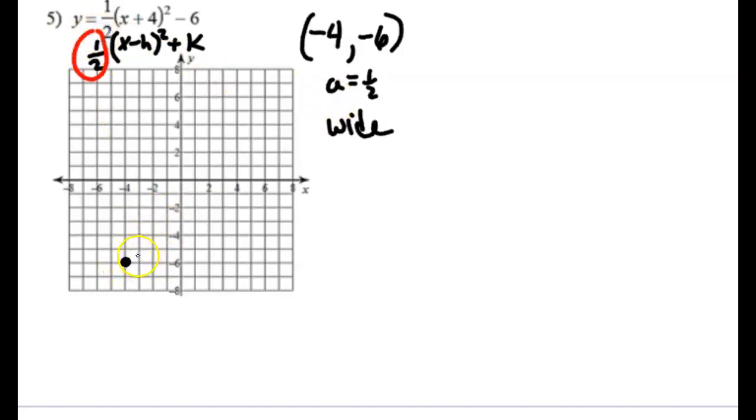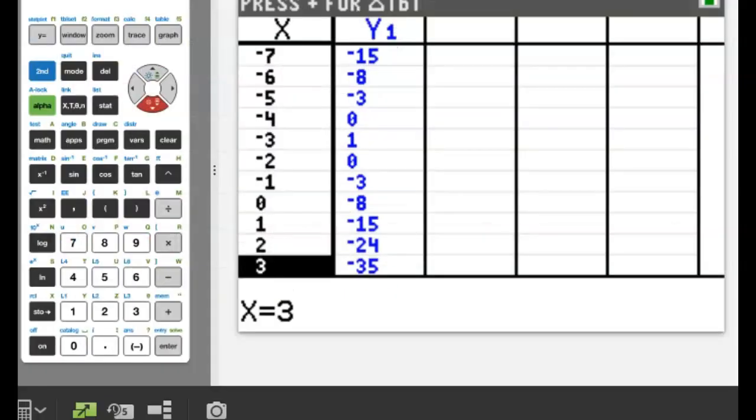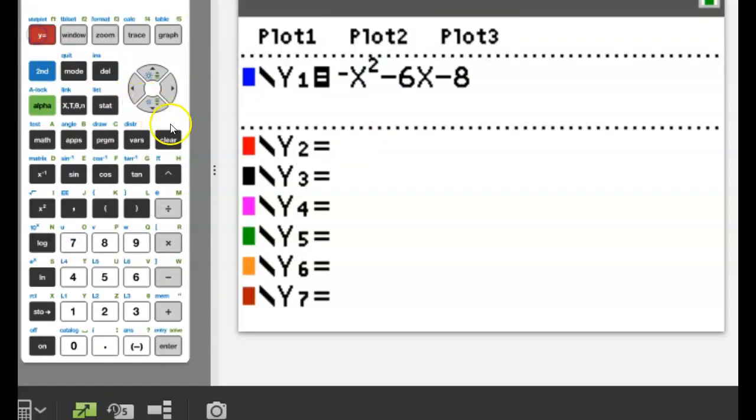So it's over 1, up 1/2 in each direction, and we can look at the calculator. Over 2, you square that and you get 4, but there's a half out there, so it's going to only go up 2. So that's the shape, but again, you could have put it in here very carefully. It was a 1/2. You could put that in parentheses, but it isn't going to matter.